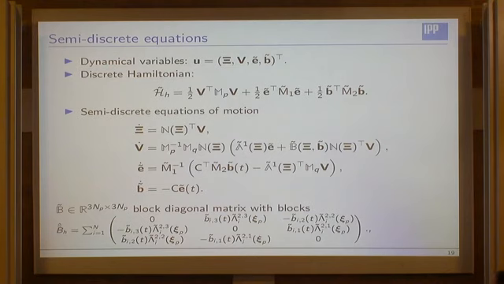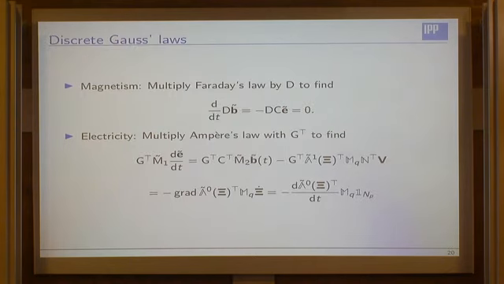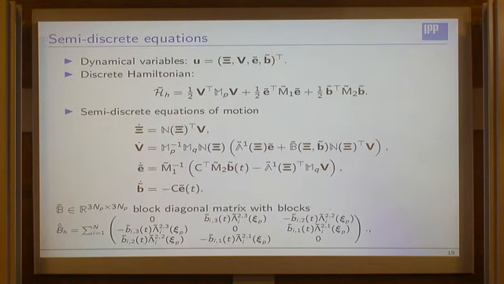With that, you can write down the semi-discrete equations of motion. We have them on slides before, for how the position and the velocity evolve and how the electric and the magnetic field evolve. These are the equations that you actually solve.